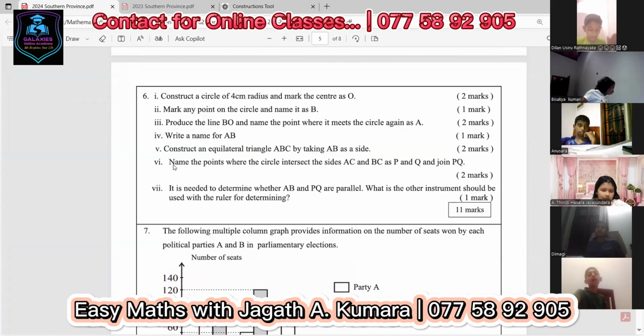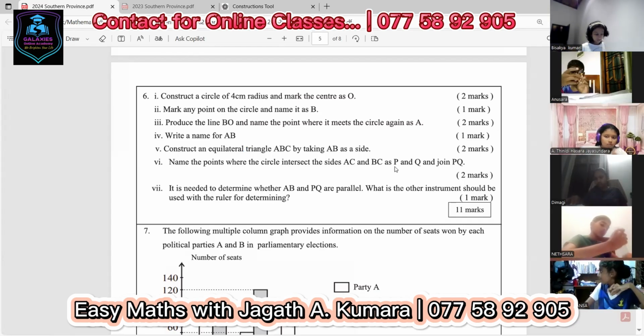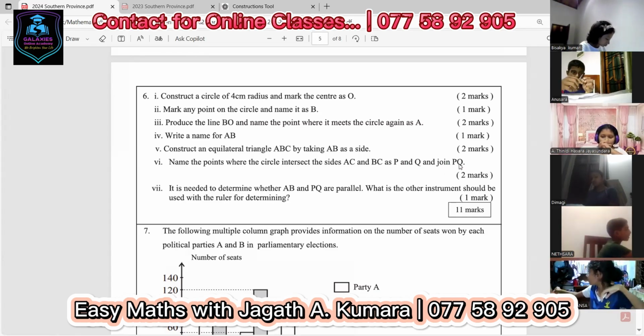Right. Look at the next part, number 6. Name the points where the circle intersect the sides AC and BC as P and Q and join PQ. හරි දැන් මොකද කරන්න ඕන අපි මේ AC BC කියන sides circle එක intersect වෙලා තියෙනවා අන්නේ points දෙක පිළිවෙලට PQ කියලා name කරන්න ඕන ඊට පස්සේ PQ join කරන්න ඕන right.